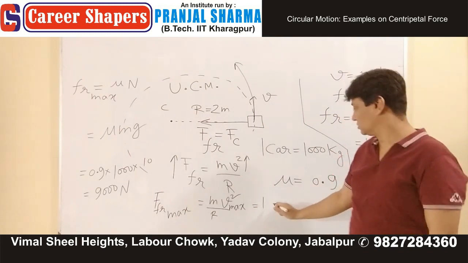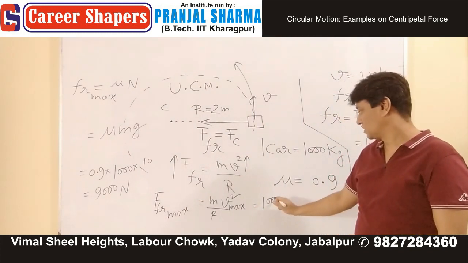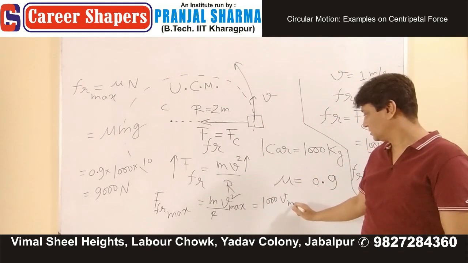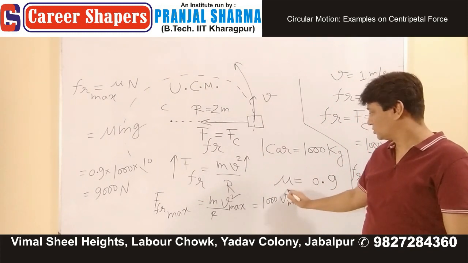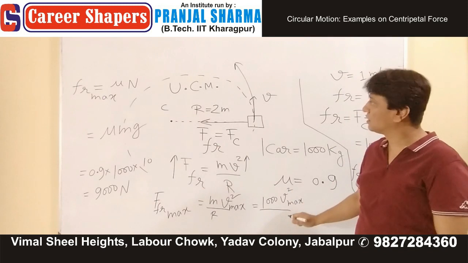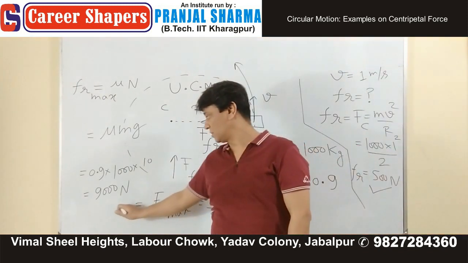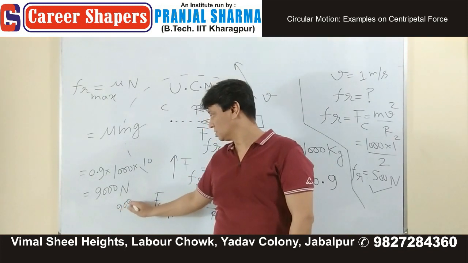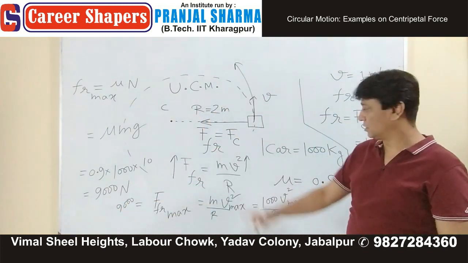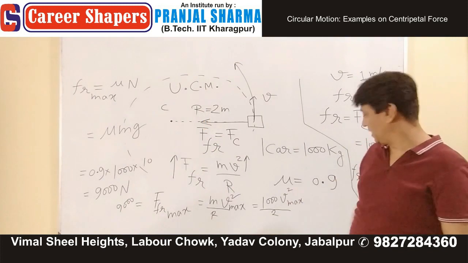M is 1000. We need V max. Square करो divided by R, which is 2. And what is FR max? 9000. 1000 gone. V squared is 18.